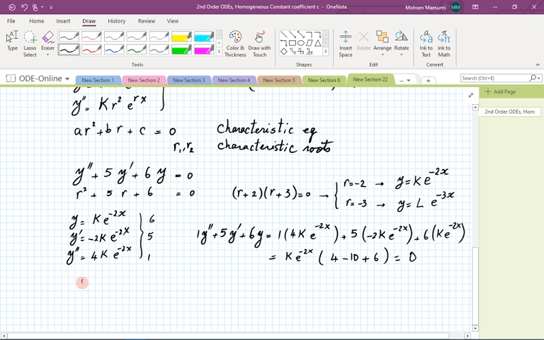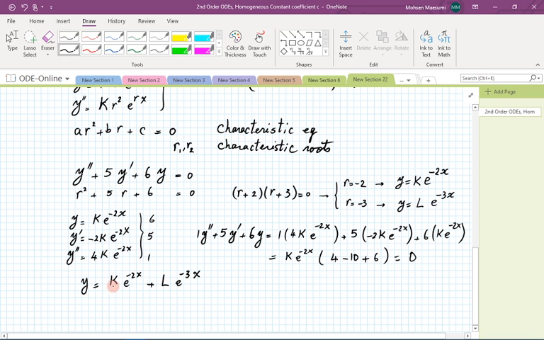That is, if I take k exponential of minus 2x, into that I add L exponential of minus 3x, then that is the solution.